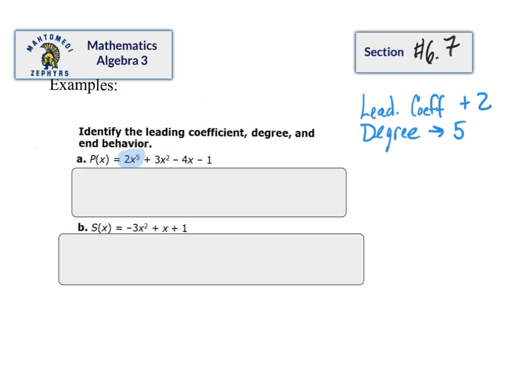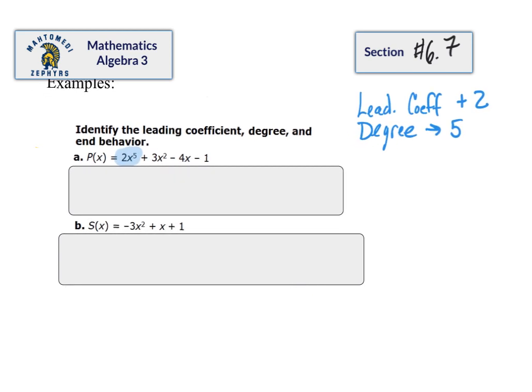All right, so because the leading coefficient is positive, that tells me that as x goes to positive infinity to the right, the function is also going up or to positive infinity.